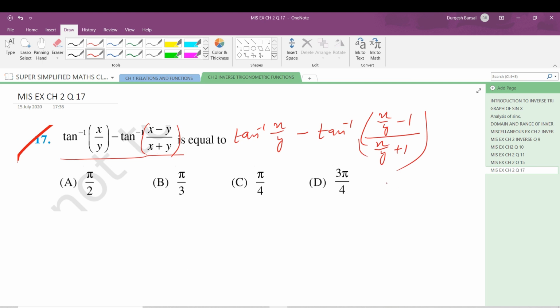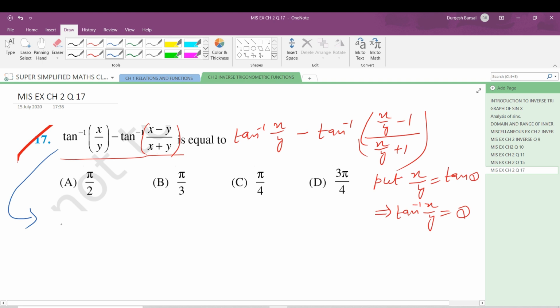Now after making this substitution, I will put x by y to be tan theta. That will give me that tan inverse x by y is going to be theta. Now let me make this substitution in the question.